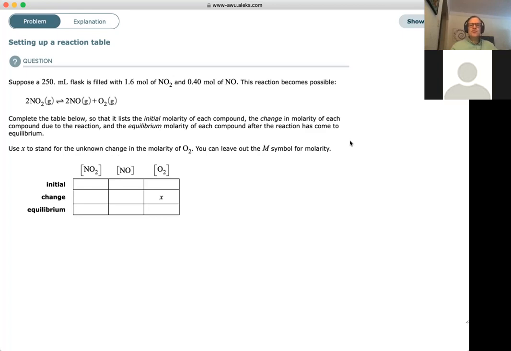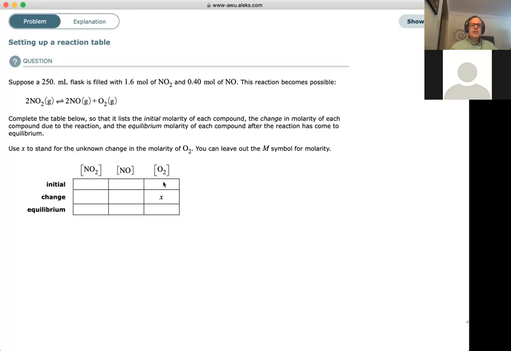Okay, so this puts it all together. Here's going to be our logic, and they actually set up a little table for you here, which is nice for them. Here's what we do. We calculate the initial molarity. Notice they give you the volume and they give you the moles. Moles over liters is molarity, right? So we're going to do a little calculation of initial molarity.